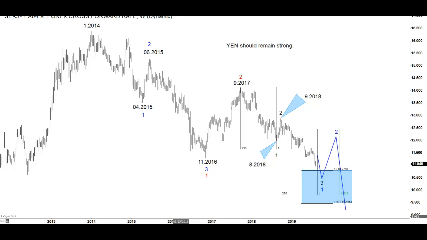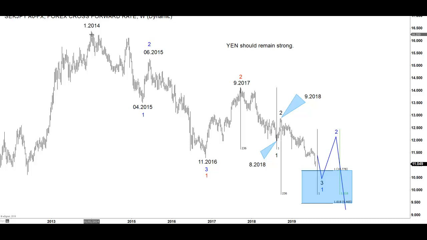Because the SEK is showing a bearish sequence from the peak here of 2014, and it is kind of providing the path for the yen crosses, and consequently, of the yen group within the next few months and even years.